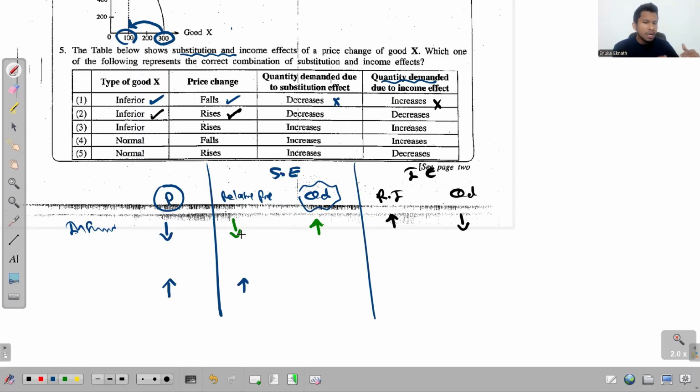The price of this product increases, so this becomes relatively expensive. Now what happens to the quantity demanded? Now consumers start moving from the considered good to the substitutes. They find other relatively cheaper substitutes and they move away from the considered good, so that the quantity demanded of the considered good decreases.